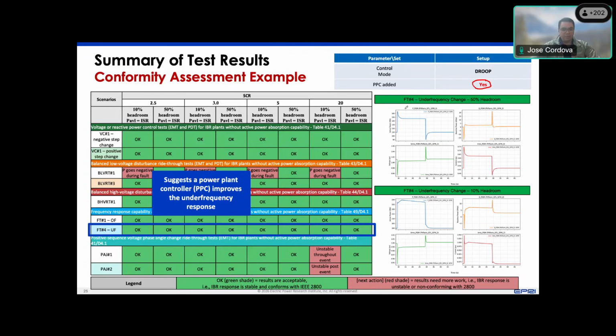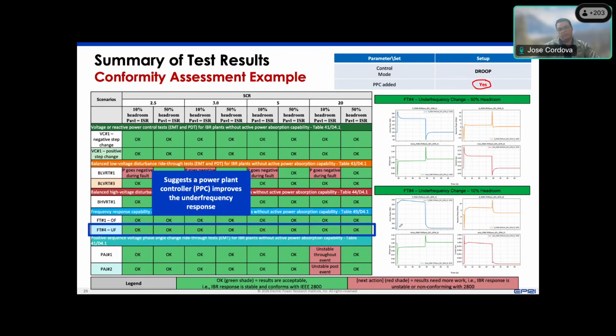For the frequency events, which is the FT4, the under frequency events, the results suggest that a power plant controller can actually improve the under frequency response, inside the blue box here.